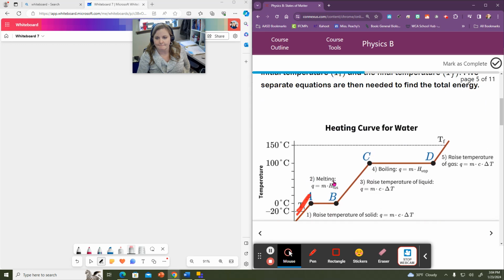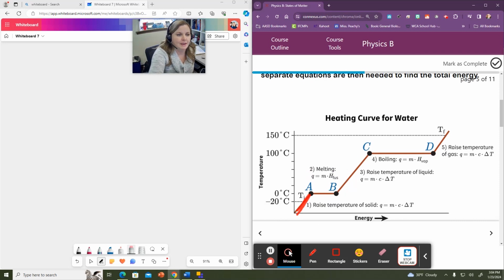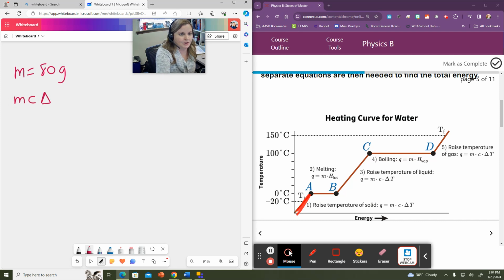Right there. So the mass is equal to 80 grams. And in this case, we're just going to use MC delta T, our original formula.